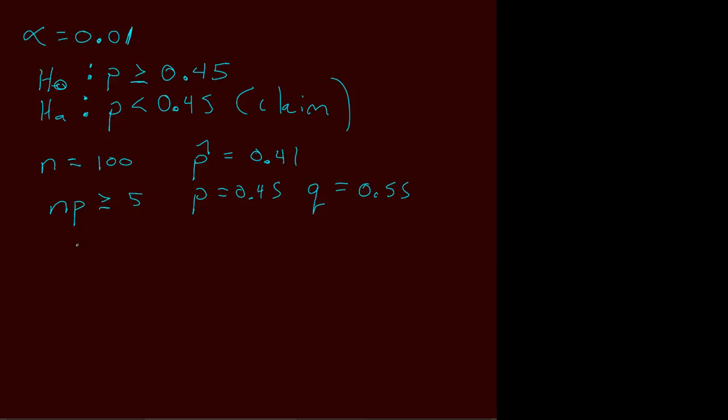My bad. And so N times P, the claimed P, is 0.45 times 100. And 45 is definitely greater than or equal to 5. And then we also do that for Q, which is 0.55 times 100, which is 55, which is greater than or equal to 5. So this test will be valid.